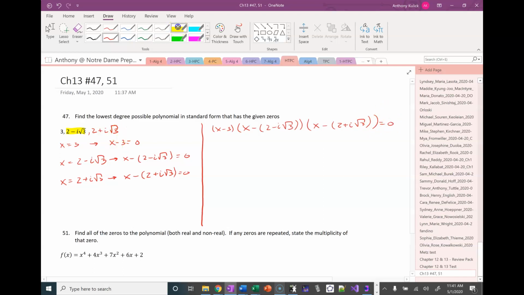So again, I've multiplied all the left-hand sides together, and then I multiplied all the right-hand sides together. And since the right-hand sides are all 0, it just is equal to 0.